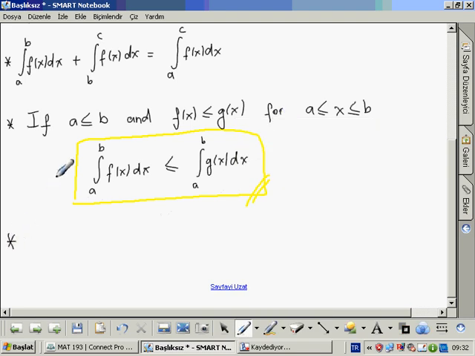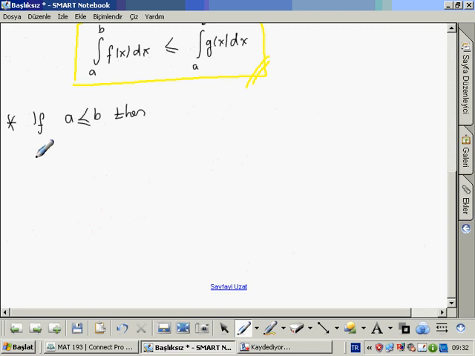And another property: if a is less than or equal to b, then the absolute value of the integral from a to b of f of x dx is less than or equal to the integral from a to b of the absolute value of f of x dx.